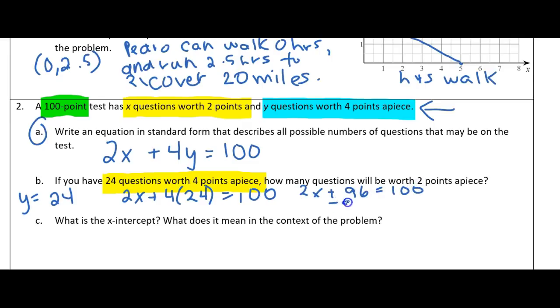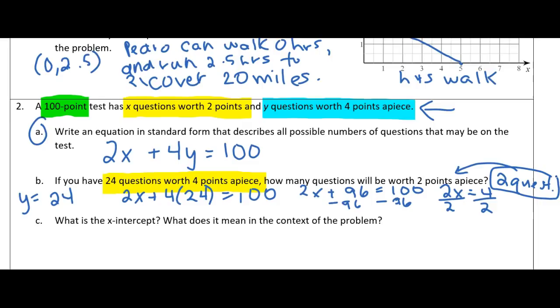Solving for x, I'm going to subtract 96 and divide by 2. So I have 2 questions that are worth 2 points apiece.